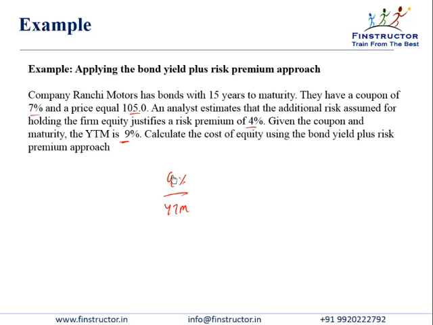So if I invest in the company's equity, it has to be at a premium. If the equity is giving you less than that, you are better off investing in the bond. So the 4% is the estimated risk premium that equity deserves, or the required return on equity using the bond yield plus risk premium approach will be 13%.